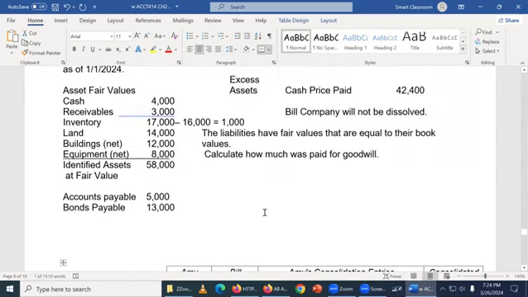Man, does that not look right? You guys have the same numbers on yours? All right, this would be negative excess assets.